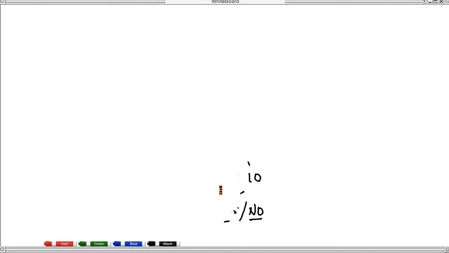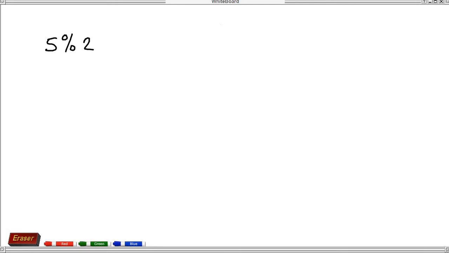So take note that if you're going to make use of the modulus, as I've said earlier, say for example you have 5 modulus of 2, this is a modulus division. That means that the result here will be the what? Remainder. When we say 5 modulus of 2, the result is 1. Why? Because 1 is the remainder.